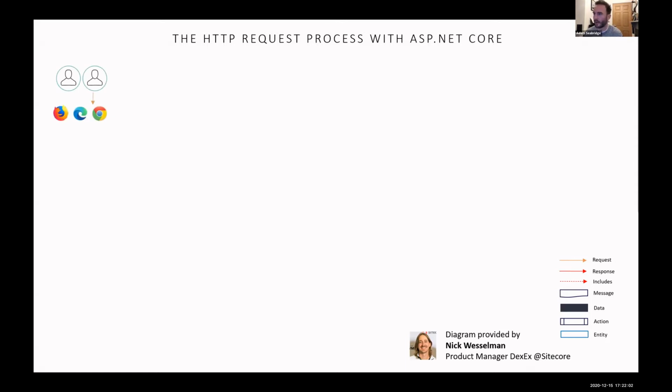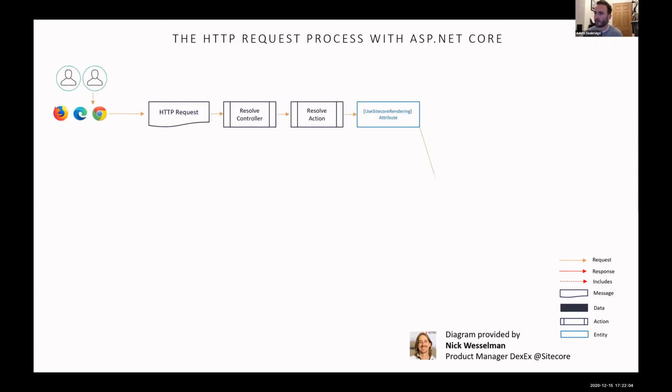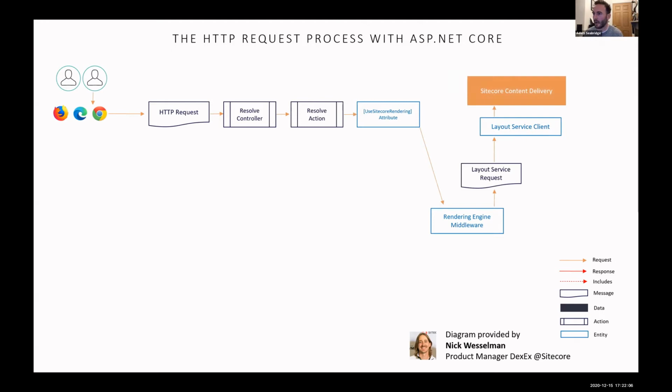So the user's HTTP request resolves a controller and action, and then the rendering engine middleware runs before the controller actions are invoked, and that makes a request to the layout service to return the response. The response is then returned to the rendering host HTTP context, and the controller action is invoked, which then renders the view.